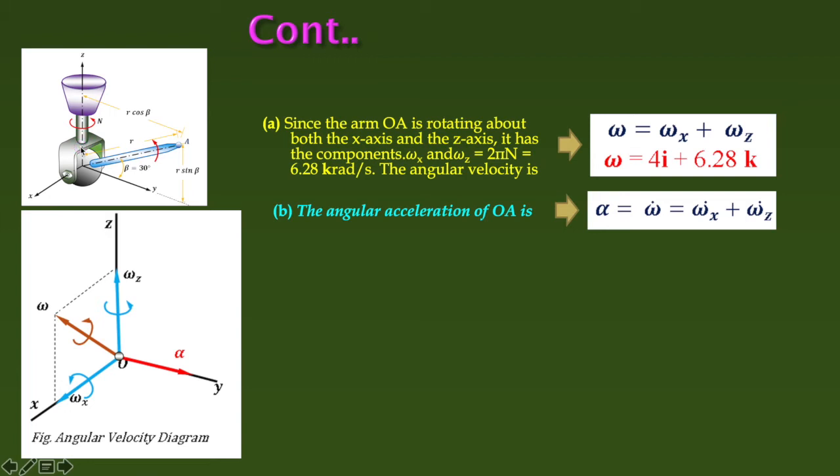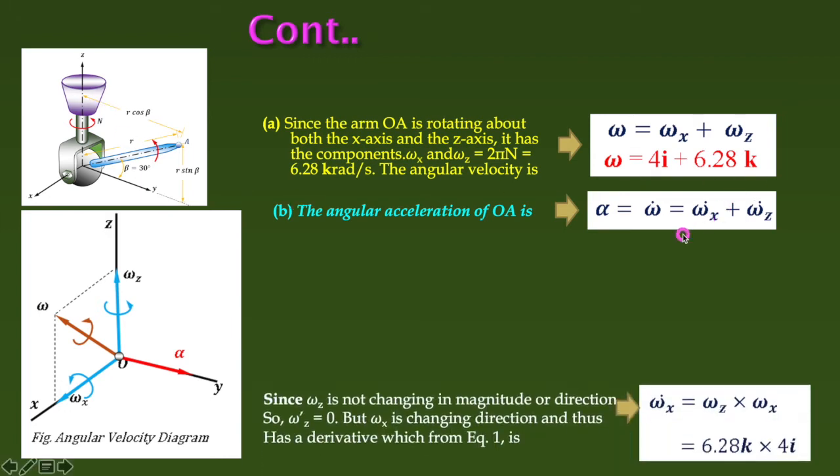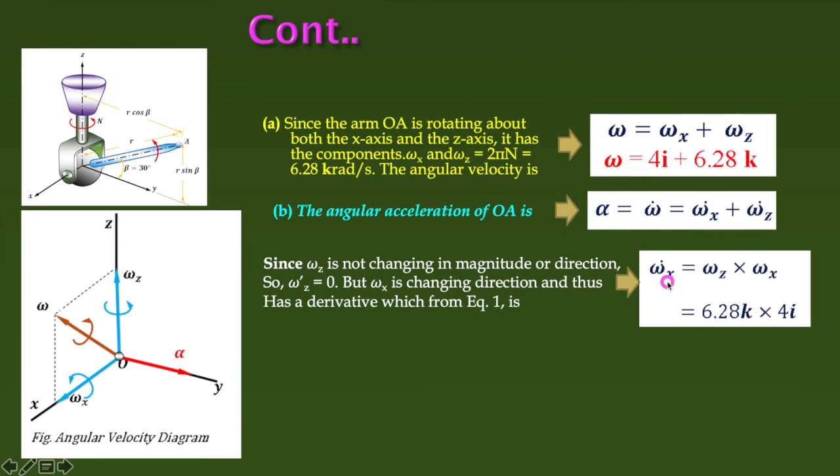In the second slide we represented it by capital omega. The angular acceleration was omega cross capital omega. Here it is omega x and omega z. So omega x dot equals omega z cross omega x.